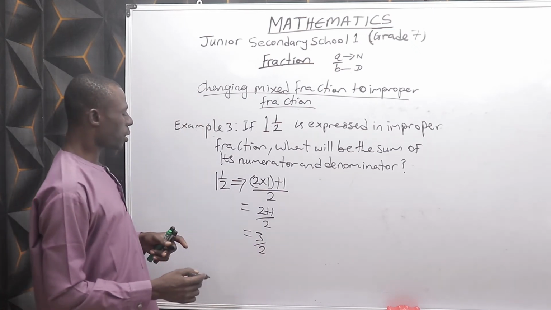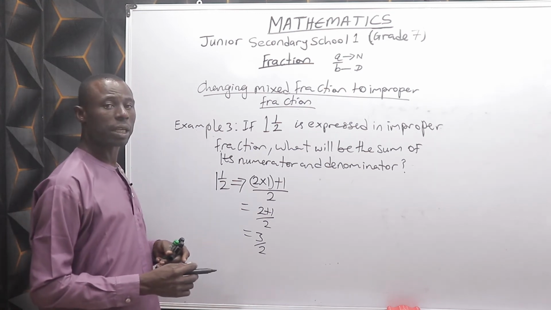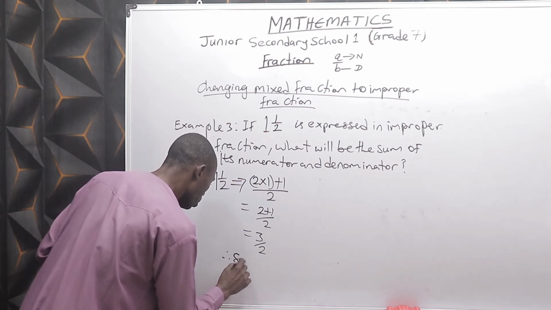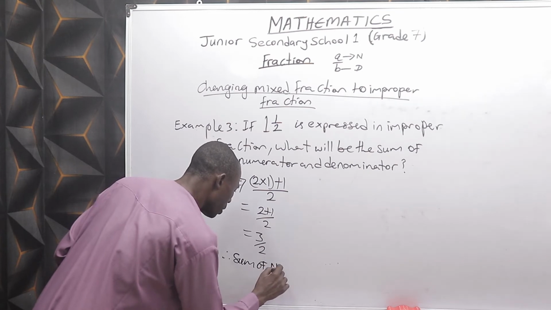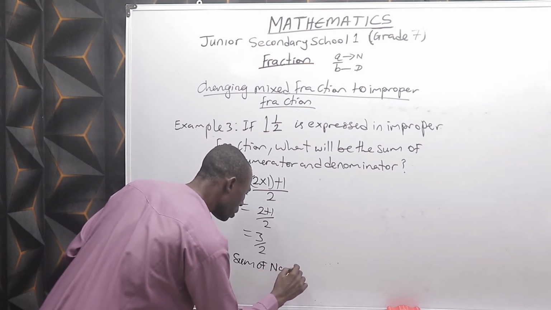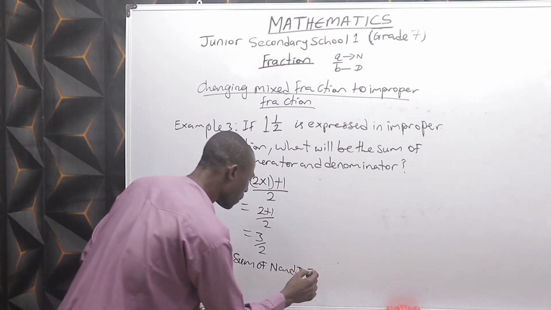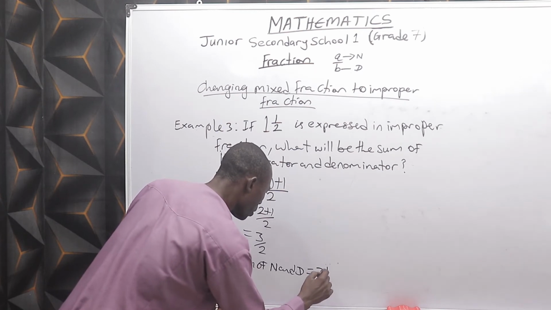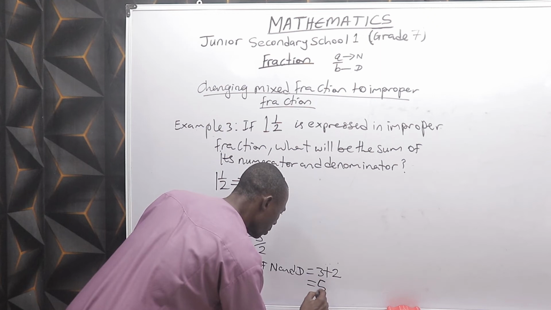The numerator in this case is 3. The denominator is 2. So therefore, the sum of numerator n and denominator d is 3 plus 2, the answer is 5.